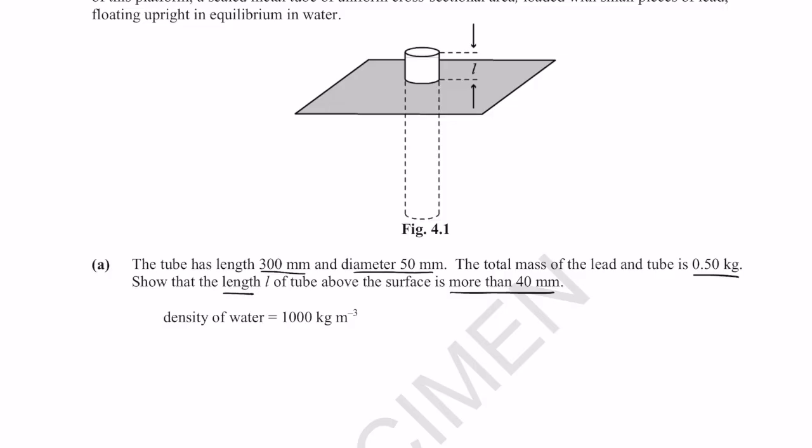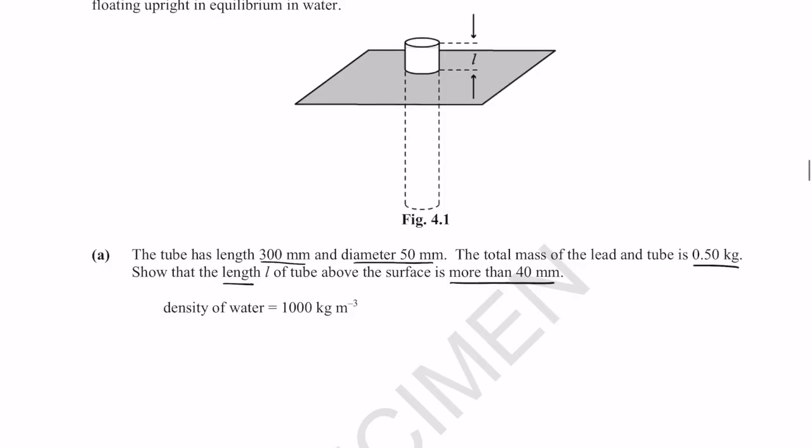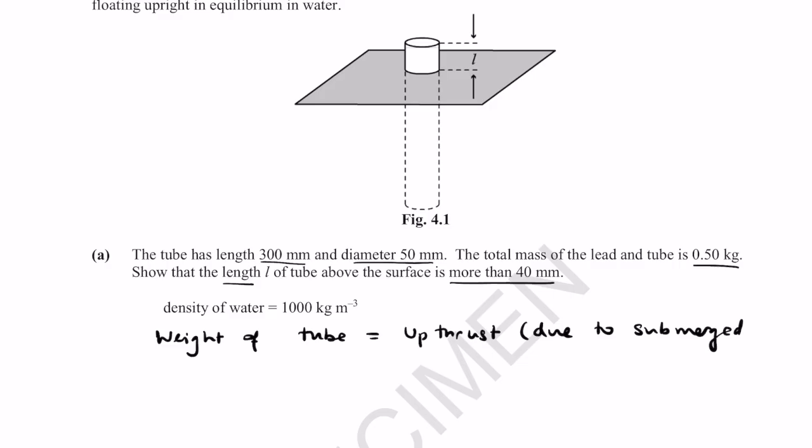So we are given the density as well. So we have to think in terms of the upthrust and the weight of the tube. I'm going to set up an equation saying that the weight of the tube is equal to the upthrust acting on the tube due to the submerged length.